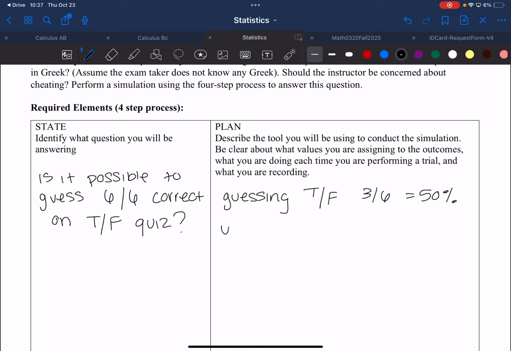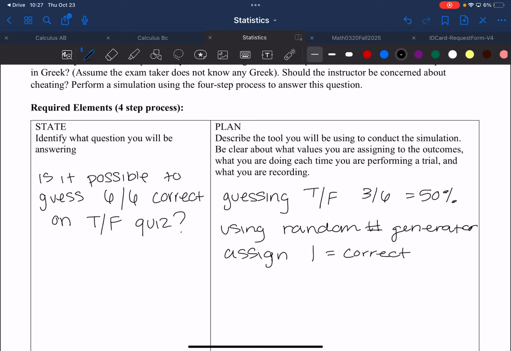Using a random number generator, I will assign the value 1 to correct and 0 to incorrect.